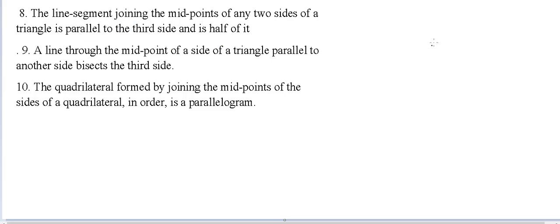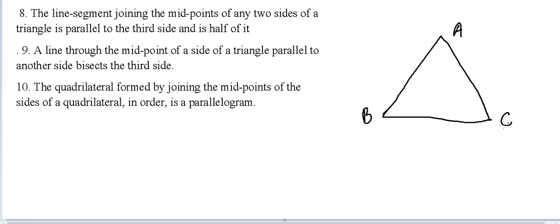Okay, if I am having a triangle, this is my triangle. It's triangle A, B and C. The line segment joining the midpoints. Let E be the midpoint of here and let F be the midpoint here. If I join the two midpoints, okay, it will be parallel to the third side.